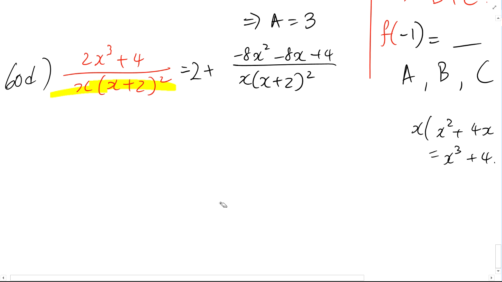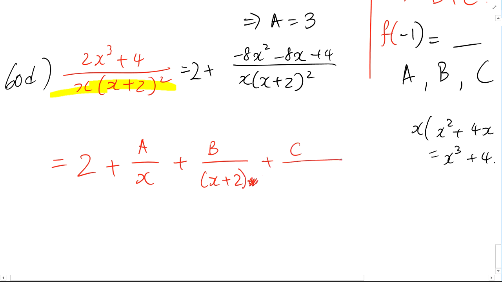I want to know how you will change this to partial fractions. 2 plus a over x plus b over (x plus 2), plus c over (x plus 2) squared. Like that?